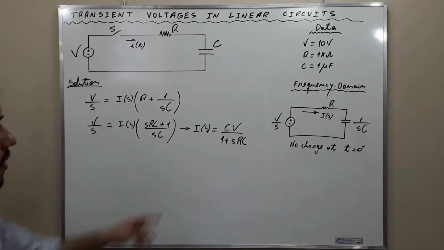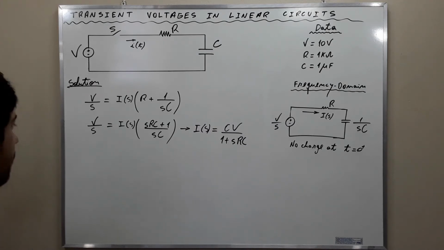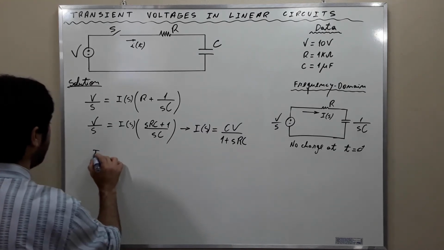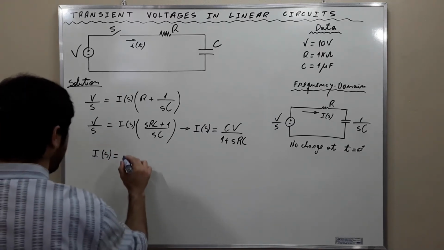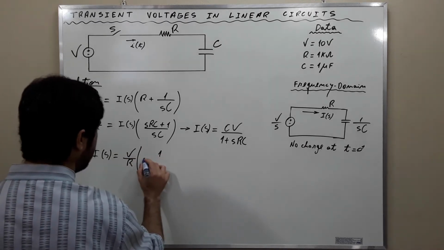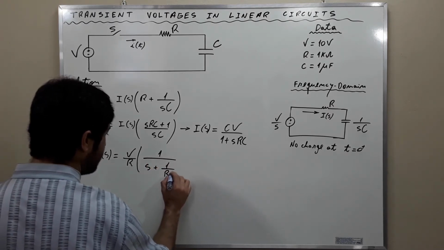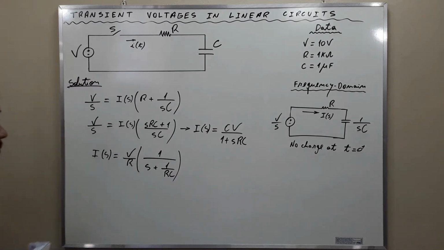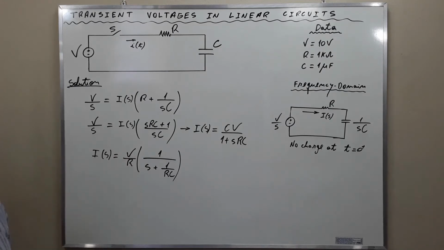And if we divide the numerator and the denominator by RC, we get I of S equal to V over R times 1 over S plus 1 over RC. Okay? This is the transfer function that correlates the voltage and the current in the frequency domain.